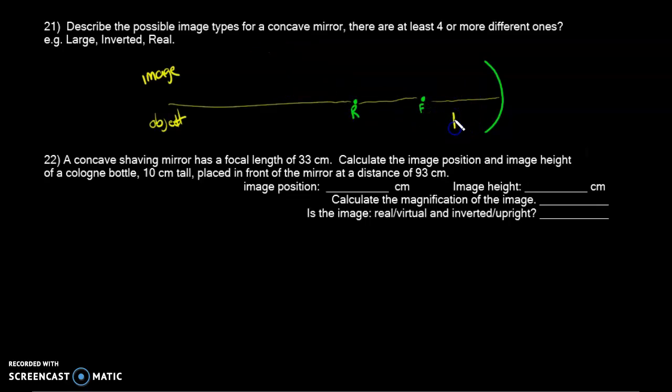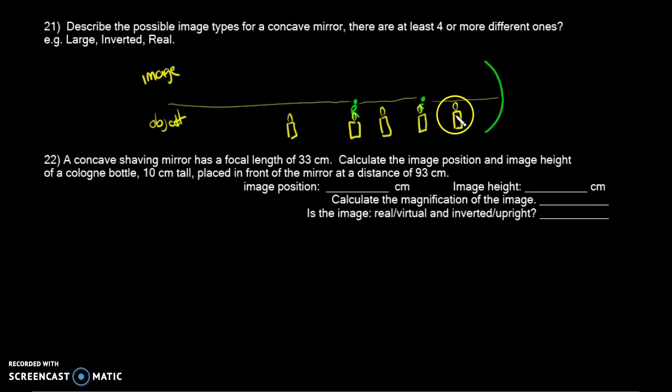But in this one, I'm going to draw a candle down here. And as I move that candle to these different places, I have it between the mirror and the focus, at the focal point, between the radius of curvature of the mirror and the focal point, at the radius of curvature, and then from behind it.